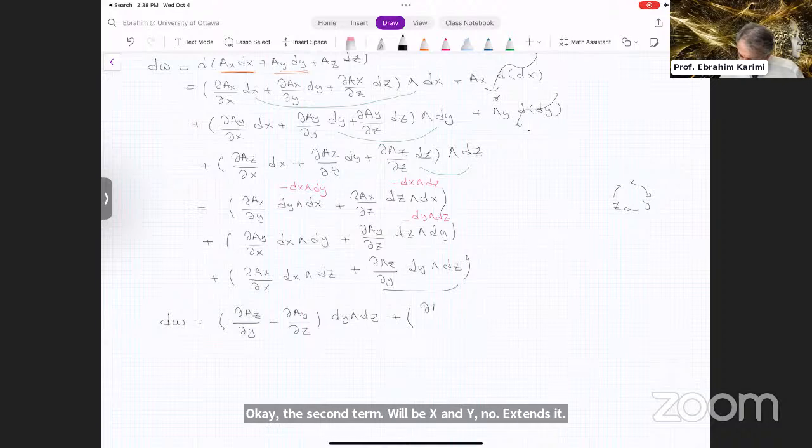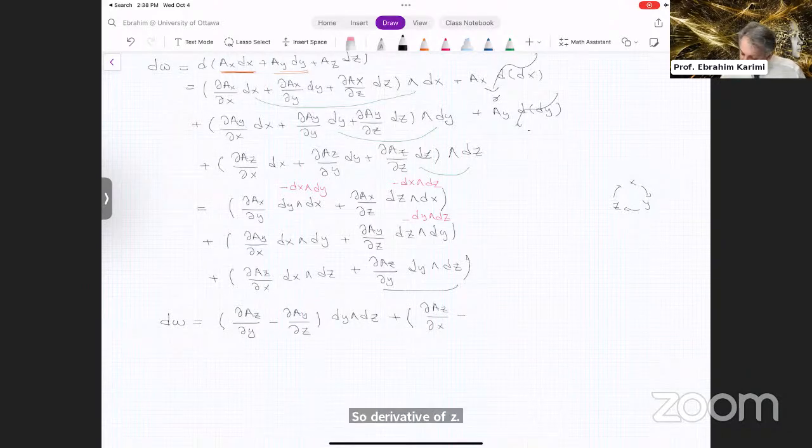So the derivative with respect to x of Az, no, sorry, my apologies, the derivative of Ax with respect to z minus the derivative of Az with respect to x, dz wedge dx.